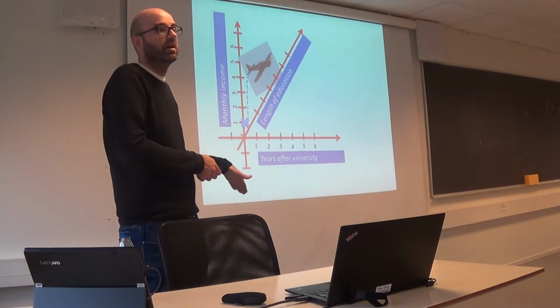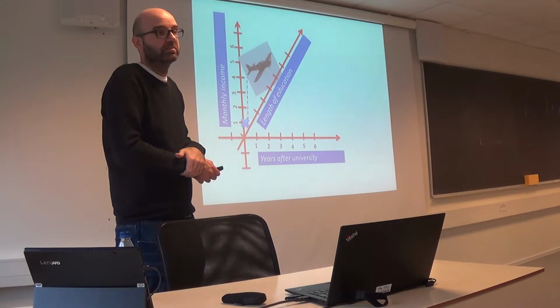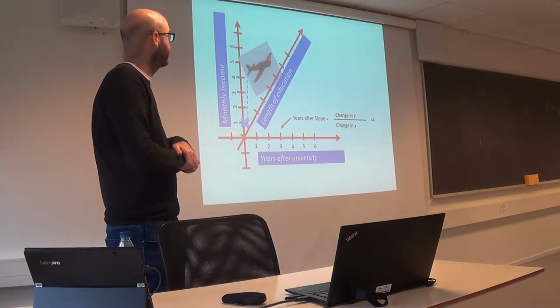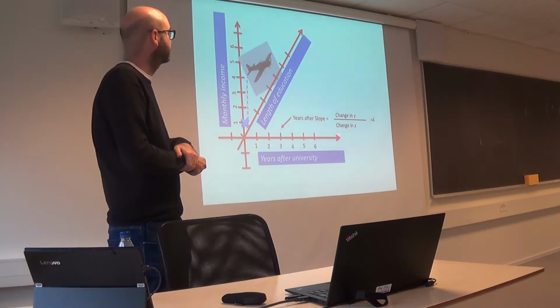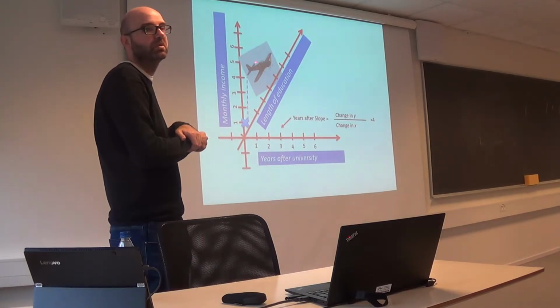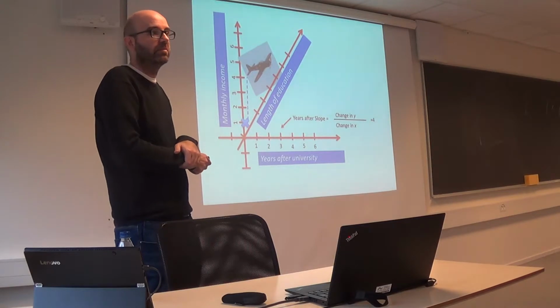And the height with length of education. So that we have a years after slope, so that for every year after university, graduates earn 4 units more in income.